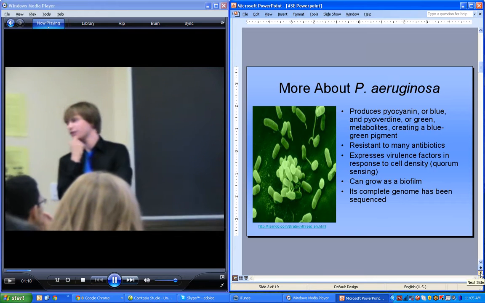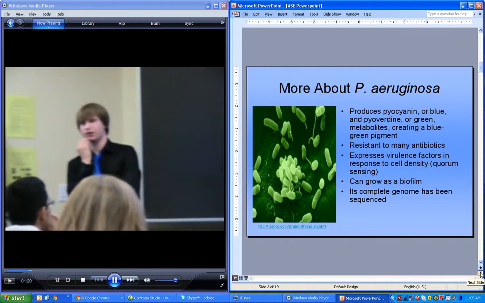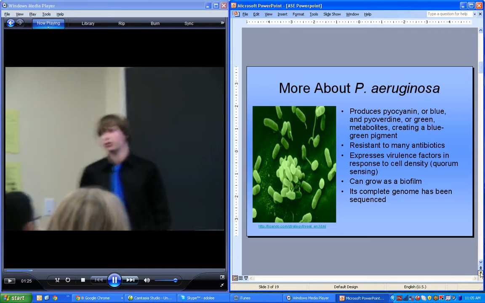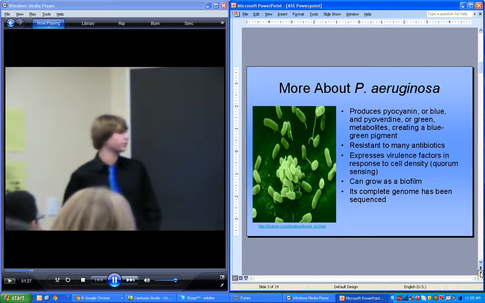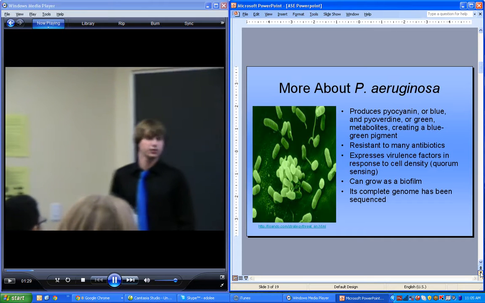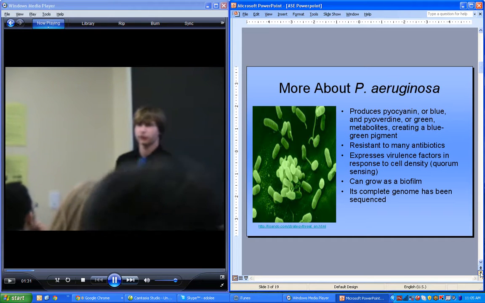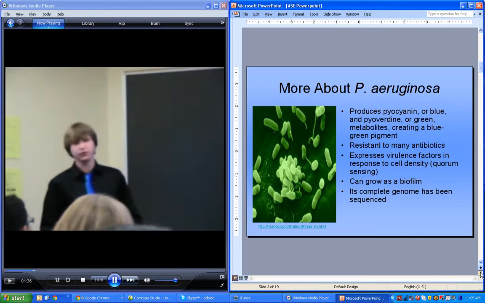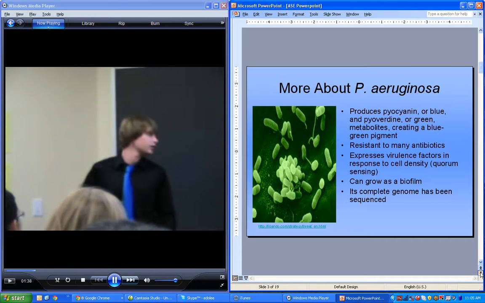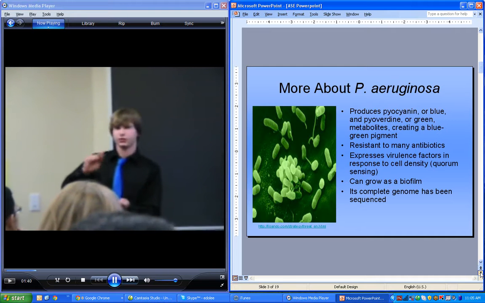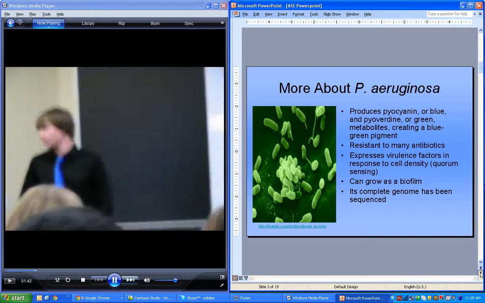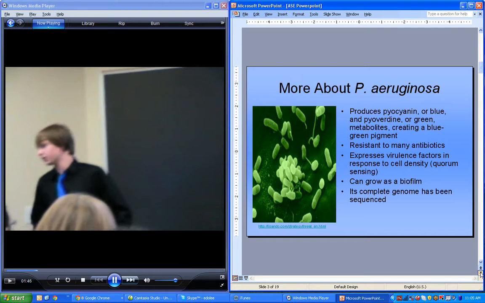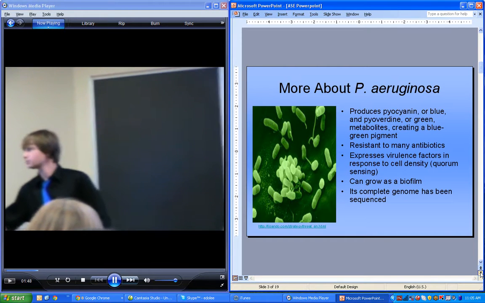One of the reasons for this is that they express virulence factors in response to cell density, which is known as quorum sensing, giving them the ability to infect the host quickly and release toxins that will kill the host. They can grow as a biofilm to protect themselves, which is basically layers of Pseudomonas aeruginosa surrounded by slime, meant to protect the bacteria in the center, and its complete genome has been sequenced.